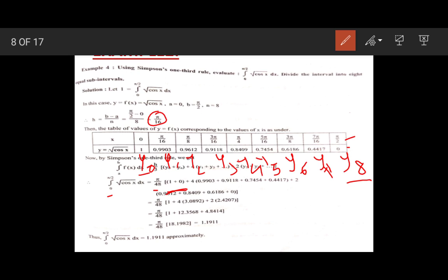So 4 into y1 means 0.9903, then plus y3 0.9118 plus y5 0.7454 plus y7 0.4417, plus 2 into even values. Even values are y2, y4, y6.